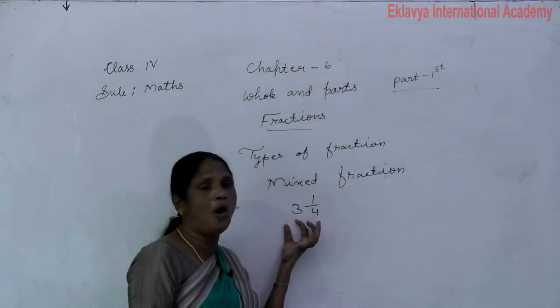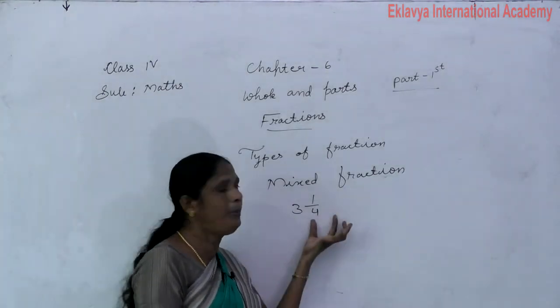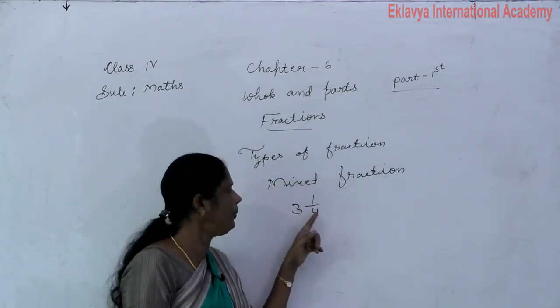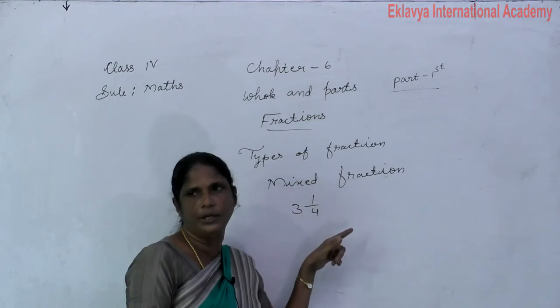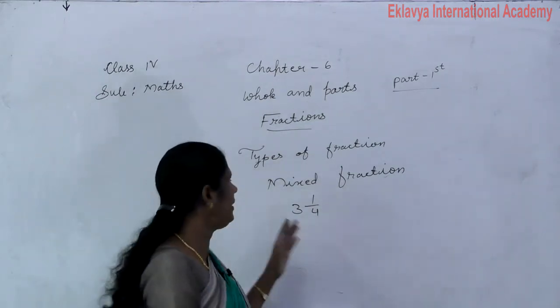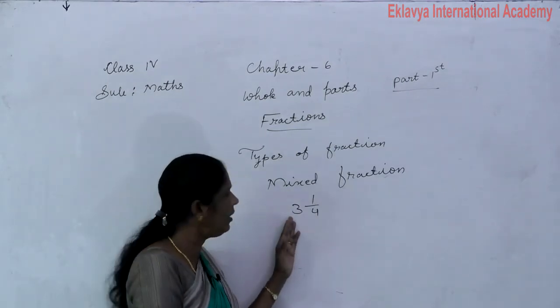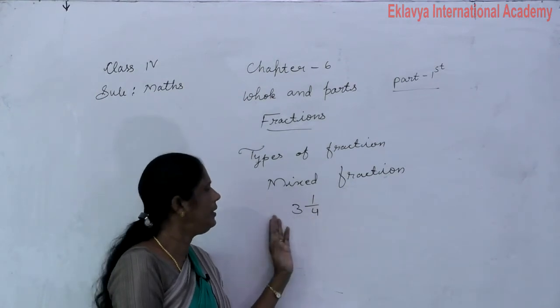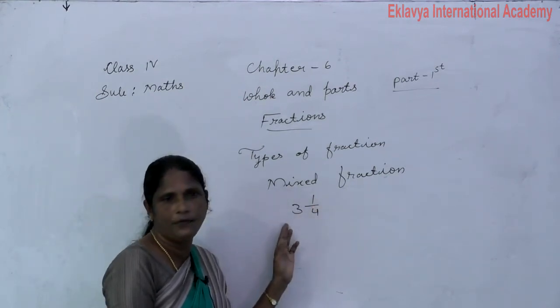Next, mixed fraction. When a whole number is combined with a proper fraction, that is called mixed fraction. Here 3 is the whole number, 1 by 4 is the proper fraction. It is called mixed fraction.